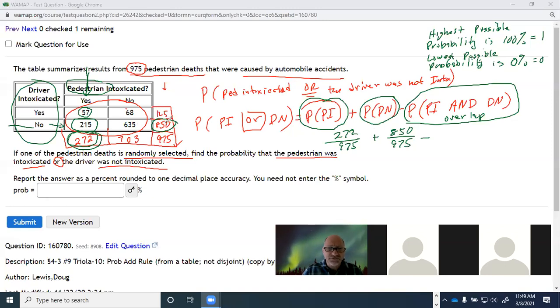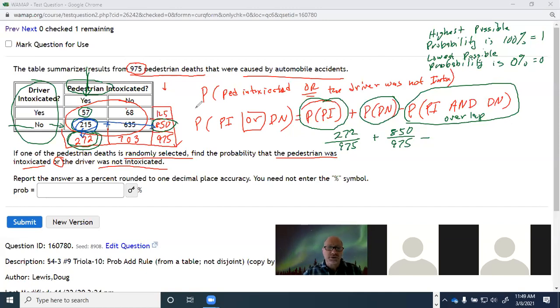So how do we get 850? It's the 215 plus 635. And how do we get 272? It was 57 plus the 215. So this 215 got added in this column. It's part of the 272. And the 215 is also part of the 850.